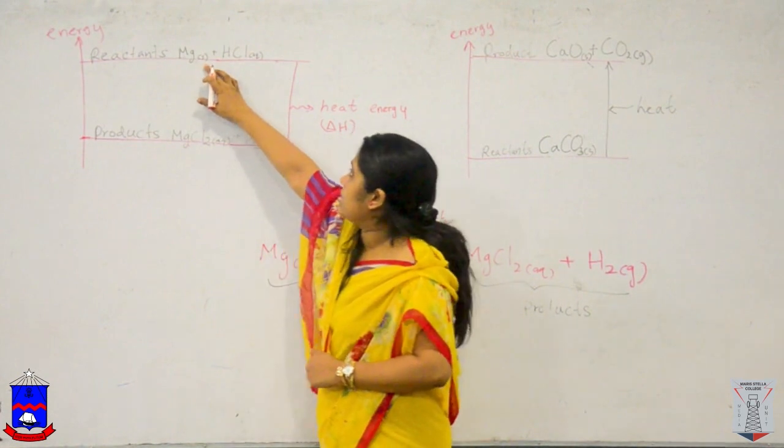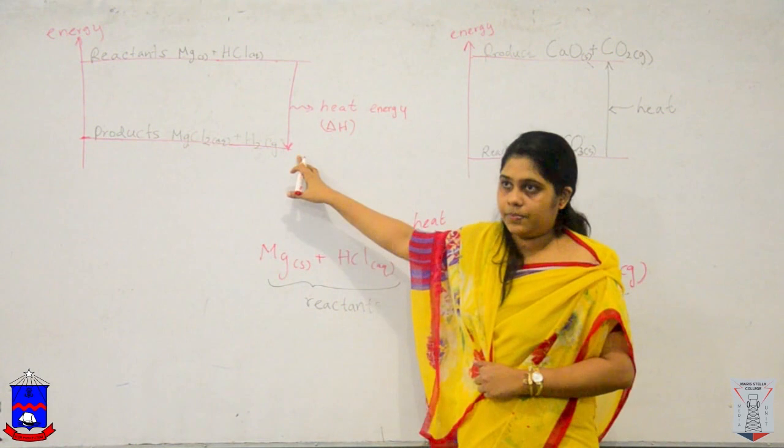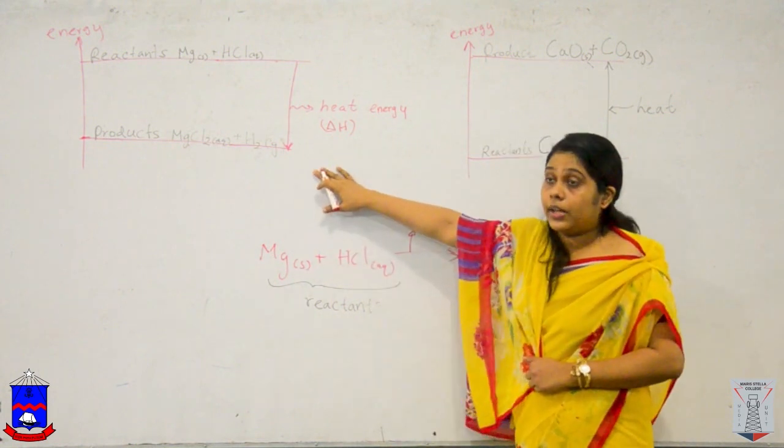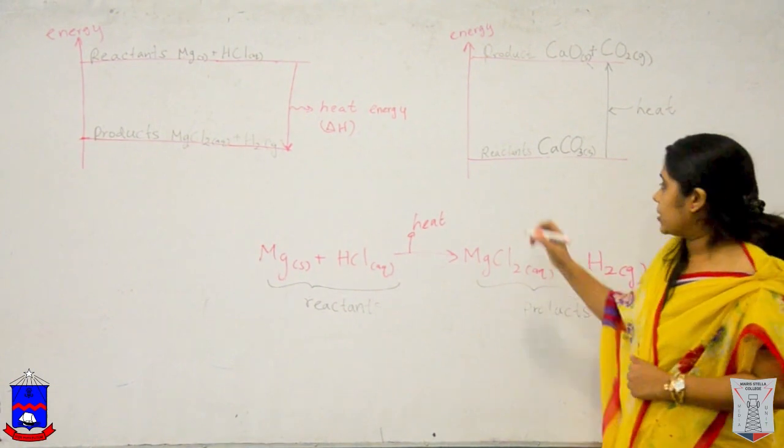Magnesium is solid, HCl aqueous, magnesium chloride aqueous and hydrogen gas. This is for the exothermic reaction. Now let us consider an endothermic reaction.